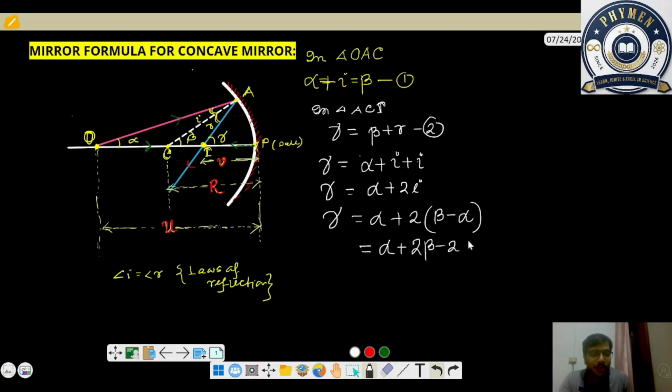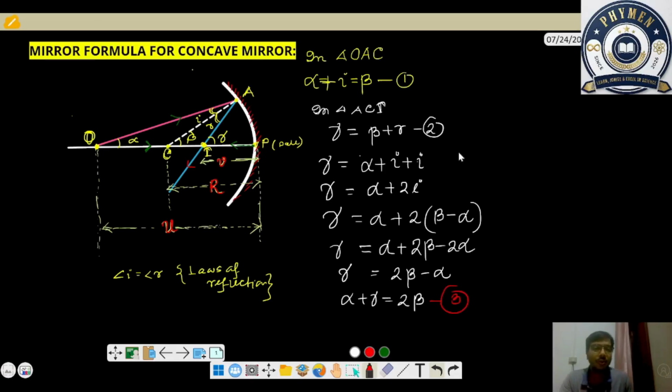So this is gamma. Alpha minus 2 alpha is minus alpha, so we get alpha plus gamma equal to 2 beta, and this is one particular equation that we will be in need of.